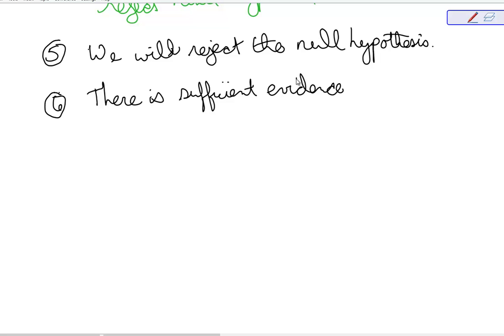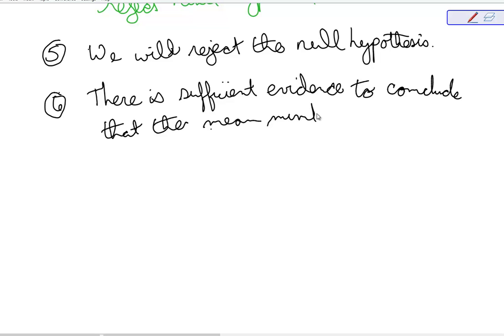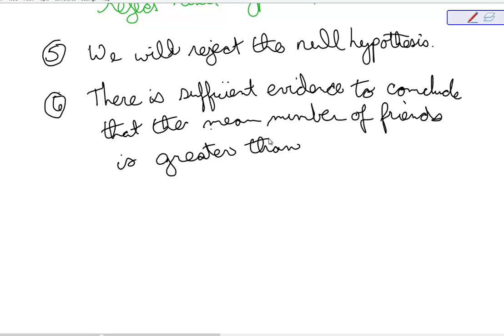So if I'm supporting the claim there is sufficient evidence to conclude that the mean number of friends is greater than 130.